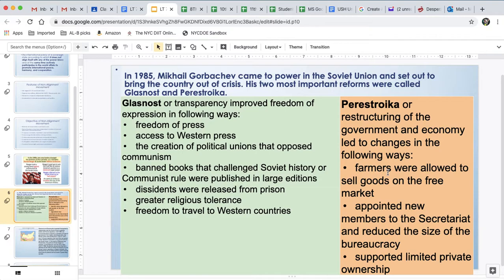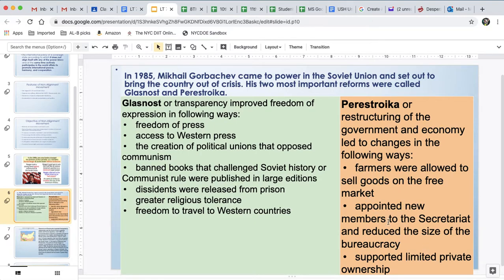It supports limited private ownership, where people can create businesses and not share with the government. They're able to keep proceeds, and they're able to extend their business beyond the borders of the Soviet Union into other countries.